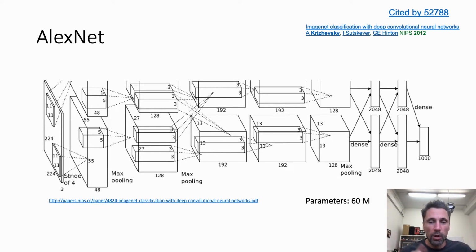It used dropout to regularize and prevent overfitting, and I think they used heavy data augmentation, so brightness changes, rotations, and all these things to increase the number of samples that you have, but also show the network different versions of the same thing. Well, that helped, and that was basically the start of deep learning.